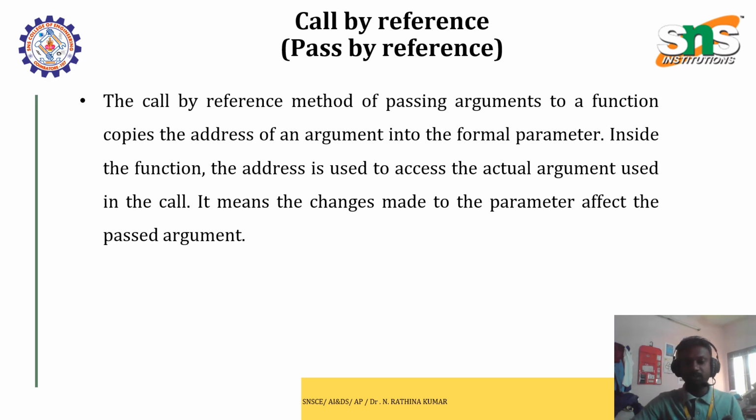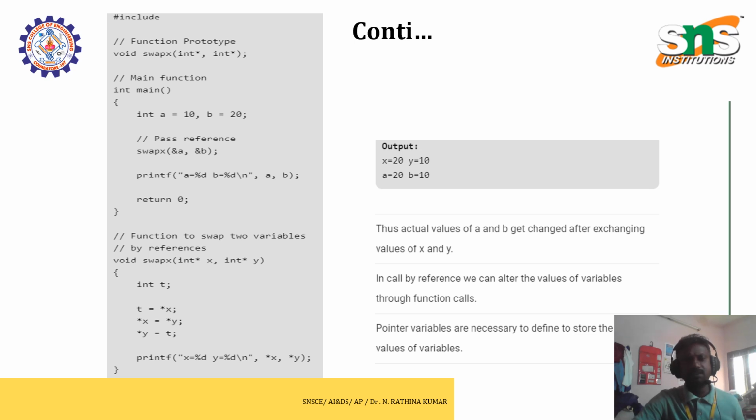The second important point we need to remember is that any changes made inside the function are actually reflected in the actual parameters of the caller. If you make any changes in the formal parameters, it is automatically reflected in the actual parameters. This is a very simple example for call by reference.